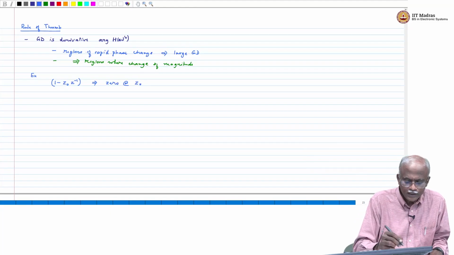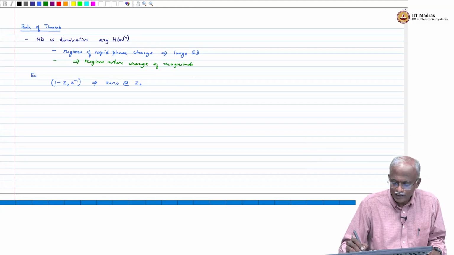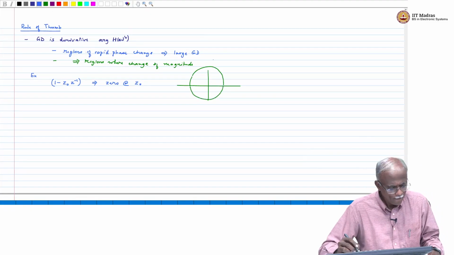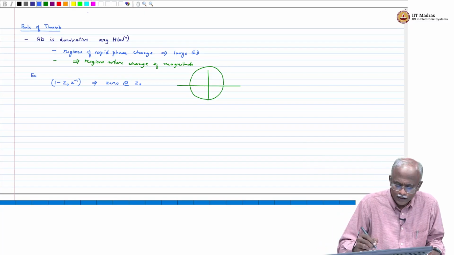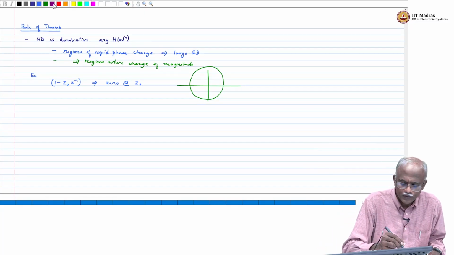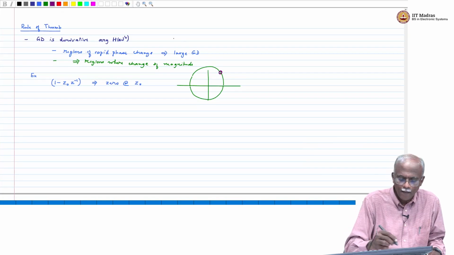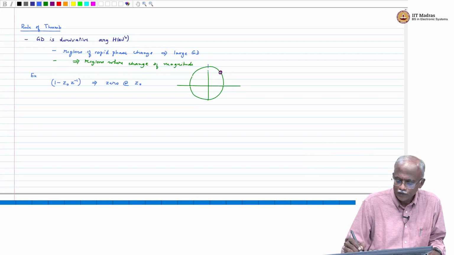So here is a way by which we can understand what this plot is. Let us say that this 0 is on the unit circle. So this is the location of the 0.